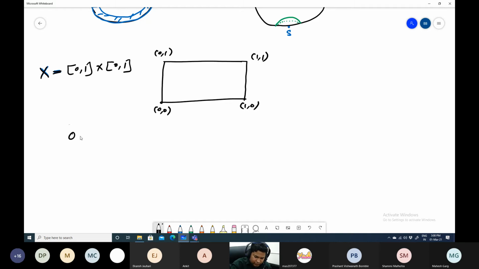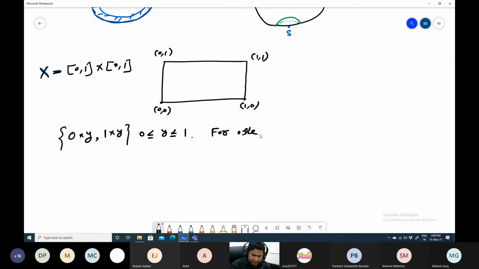Now suppose (0, y), (1, y). It is the same one. Now this one we identify, this one is pairwise the same, for 0 ≤ y ≤ 1.